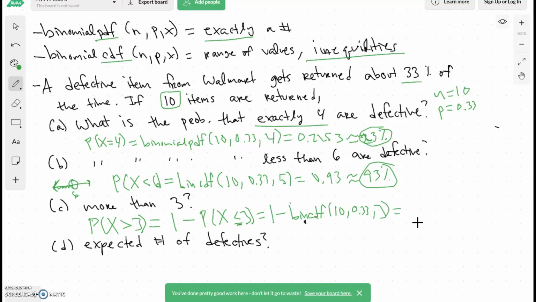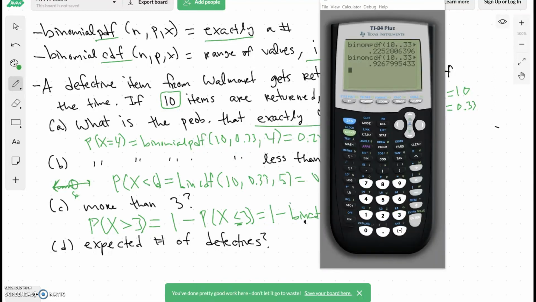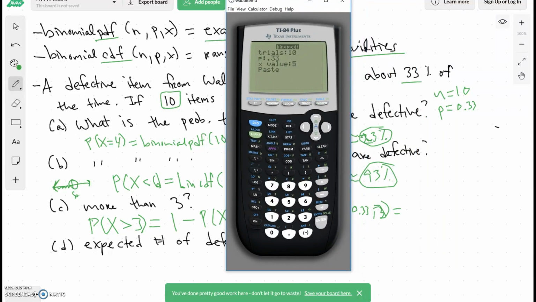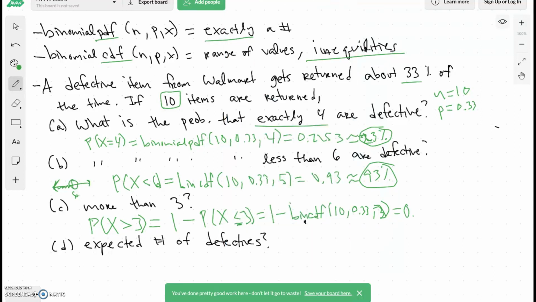So we go to 2nd, VARS, binomial CDF. Everything is the same. The only thing that we are changing is that now that's going to be a 3. Paste, and that's going to give me about 0.57.